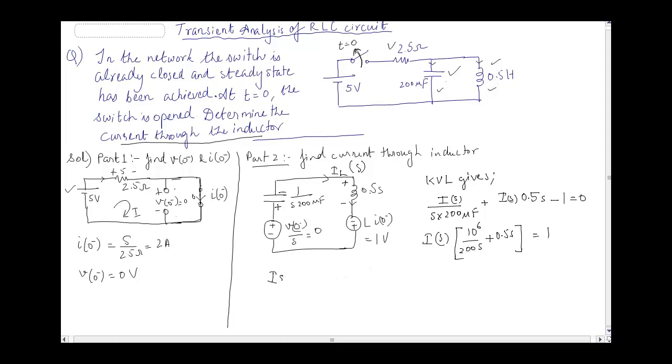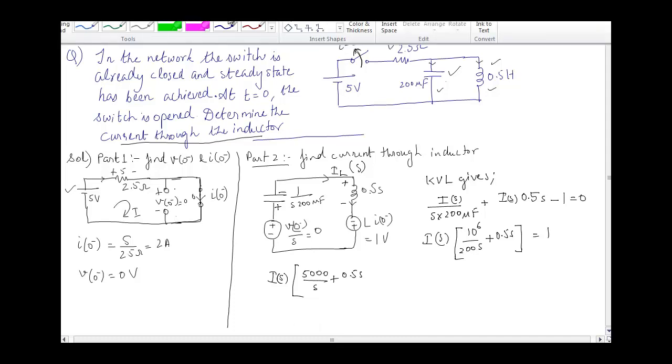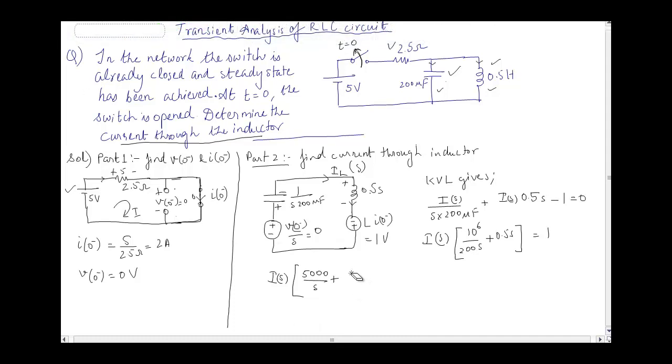So I will get I of S multiplied with the value of this one: 10 raised to power 4 divided by 2, which is 5000 by S, plus 0.5 S. I can write even 0.5 as 1 by 2. Let me write it as 1 by 2 because that will be much better to solve. This is not anything special, it's just easy to solve. Instead of 0.5 S I will write S by 2, and then it is equal to 1.